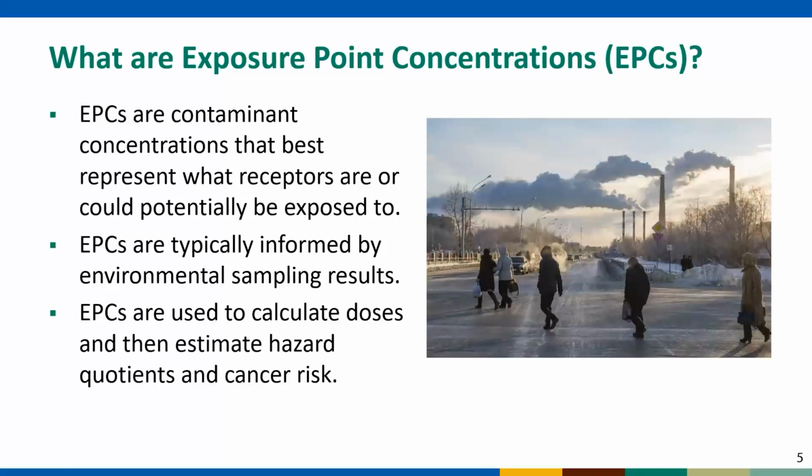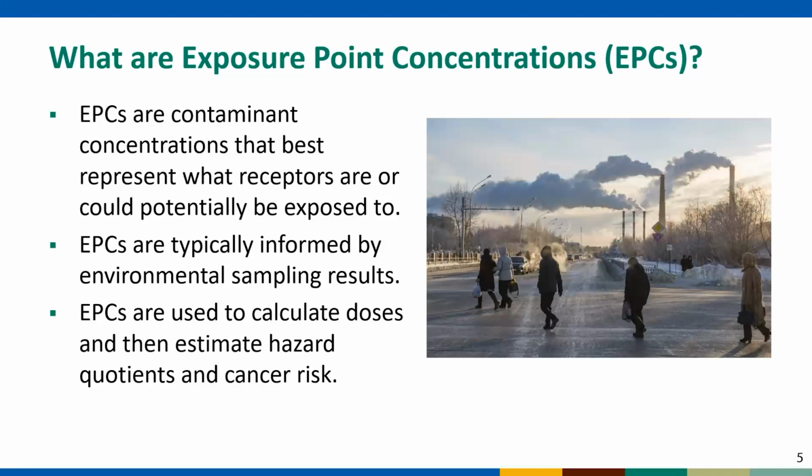Before we dive into the new guidance, let's take a step back and refresh with some general background information on EPCs. To begin, EPCs are defined as contaminant concentrations that best represent what receptors are or could be potentially exposed to. EPC concentrations apply to all environmental media, including air, water, soil, sediment, or biota. EPCs are typically informed by environmental sampling results.